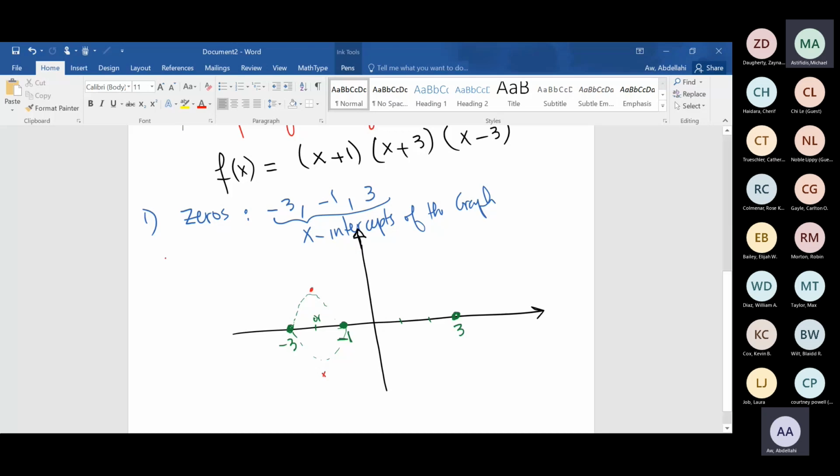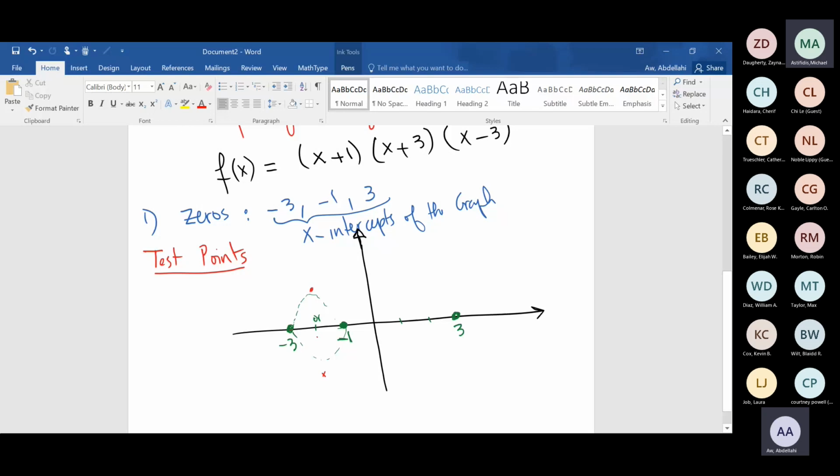So we're going to pick test points, very nice numbers that we're going to test. For instance, between -3 and negative 1, if I want to know where the graph is, I pick a test number, which is negative 2. I know everybody's going to pick negative 2. Does it make sense to pick negative 1.7? I don't think so.